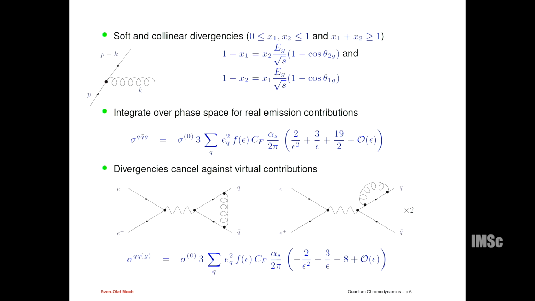So these are scaleless integrals, as we call them, and we can simply drop them in dimensional regularization. So this is also one aspect why we use DIMREG, because we can directly eliminate a couple of diagrams. Yeah? So this wouldn't be the case if this was a massive diagram, because then this would at least contribute to the mass renormalization, but since we have massless quarks, it simply vanishes here.